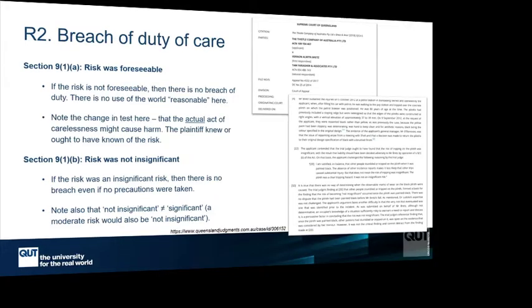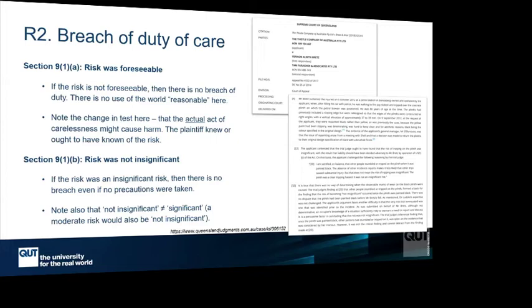Next, we've got an example of the second element, which is that this risk must not be insignificant. So what does that mean? Think of it the other way around, of what it's not. If a risk is insignificant, then you don't breach your duty of care, even if you don't do anything. So it's about understanding whether the risk was insignificant.